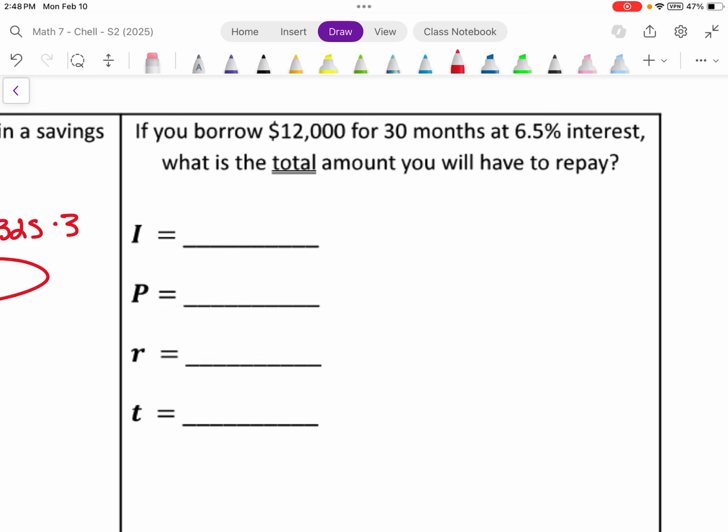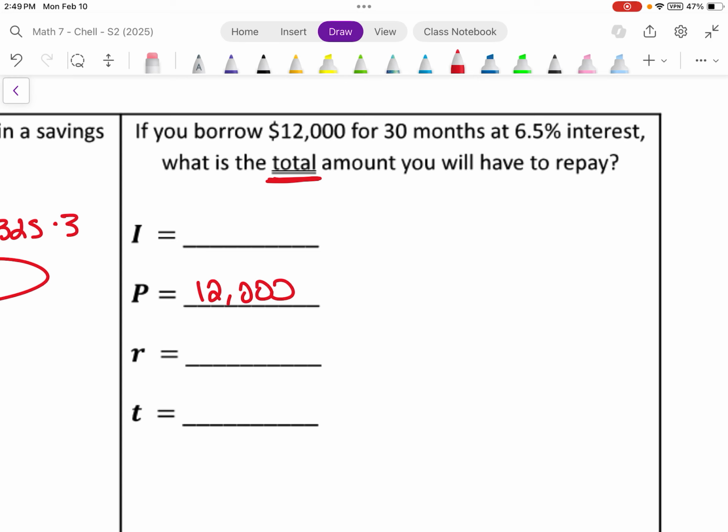If you borrow $12,000 for 30 months at 6.5% interest, what is the total amount you will have to repay? So for this one, we're looking for the total amount, not just the simple interest. So for this one, we know we borrowed $12,000, so we started with that, okay? And remember, we have 30 months, but we don't want months, we want years.